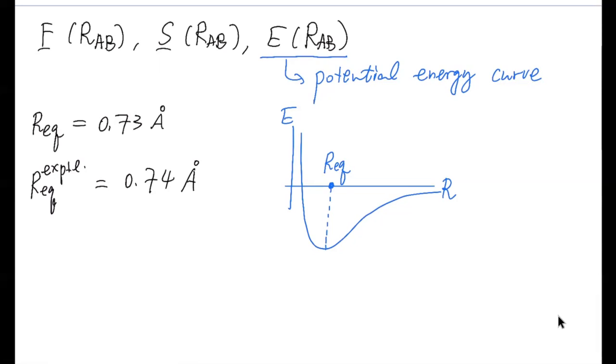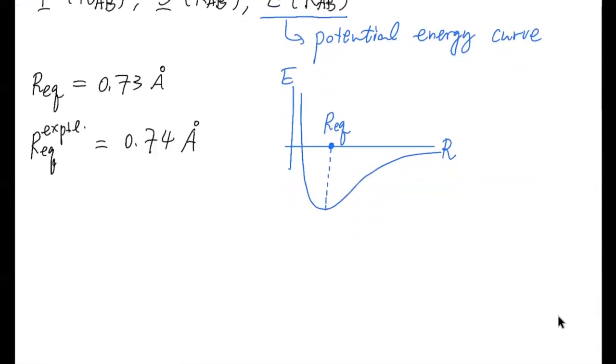Sometimes people call this first principle calculation. That means you're doing the calculation without any knowledge of the experimental result. You're purely doing it by using quantum mechanics. Okay.